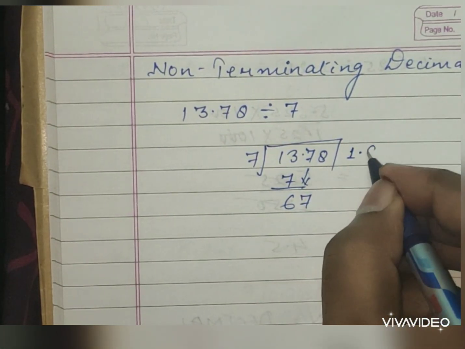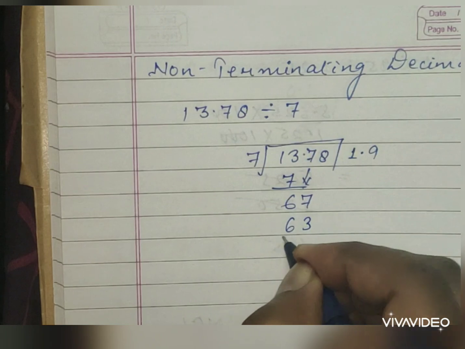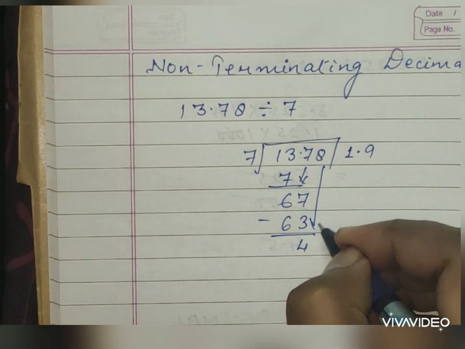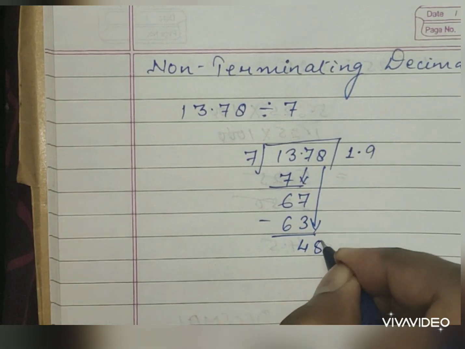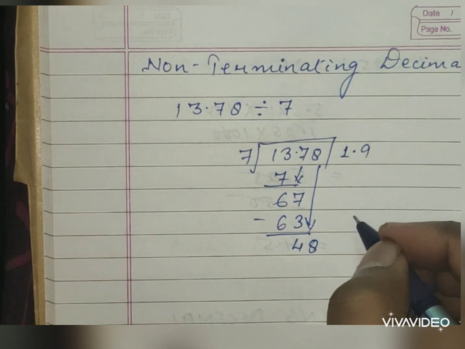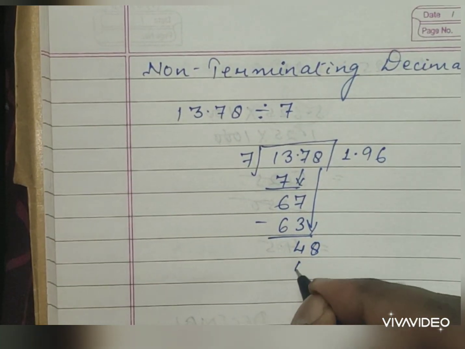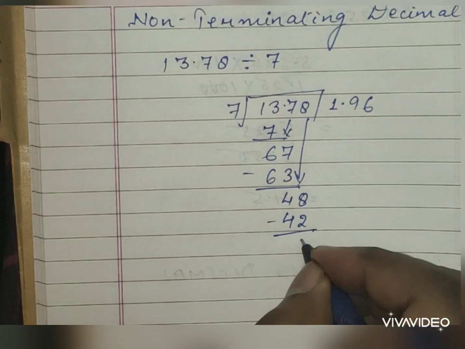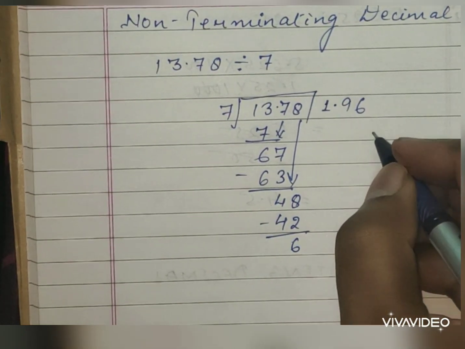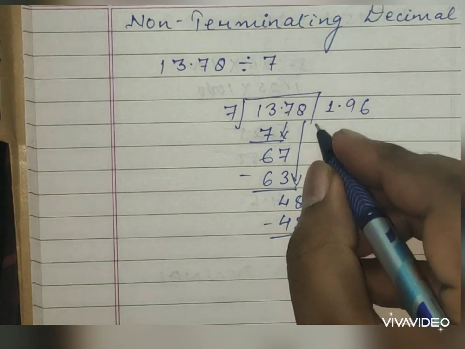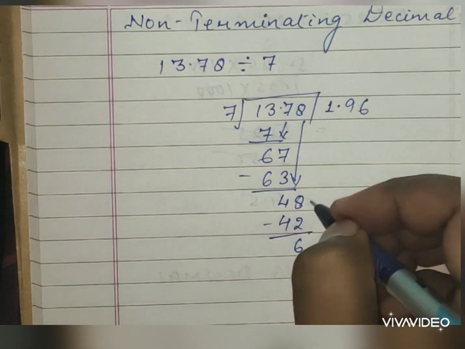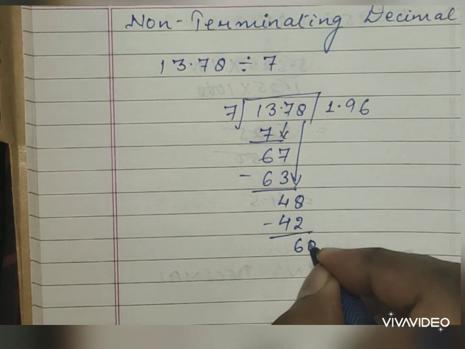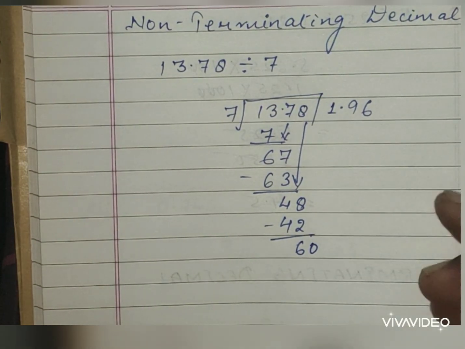Now 7 nines are 63, so 4 will be there after subtracting and 8 will come down. 7 6s are 42, which is closer to 48. Then 6 will be left. Then now we will put 0 because here the numbers are finished, but after putting a decimal sign we can put 0 over here, automatically it will come.